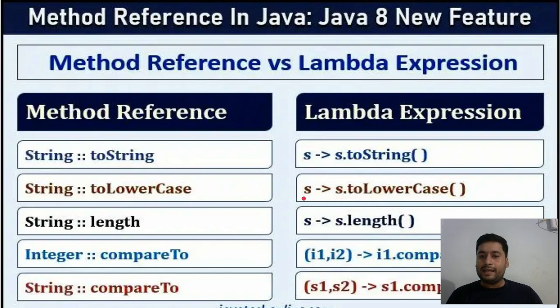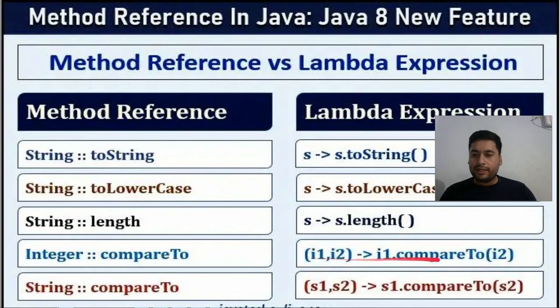While calling s.toLowerCase, we can use String double colon toLowerCase. While calling s.length, we can call String double colon length. While comparing strings, we can use lambda expression. Here you can use compareTo, here compareTo with an object, here compareTo.